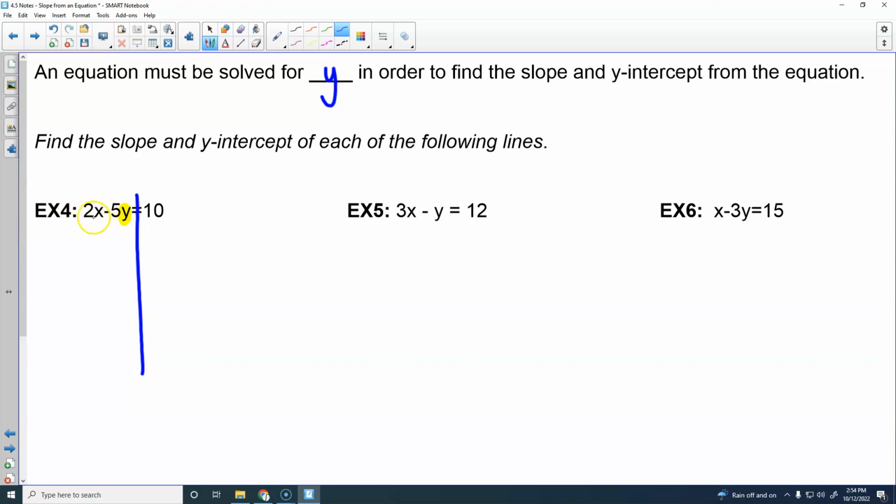So I got this 2x. It is positive. I need to subtract 2x from both sides to move it over here. So when I do that, I'll have negative 5y equals, I can't put those together, so I just have to leave 10 minus 2x.